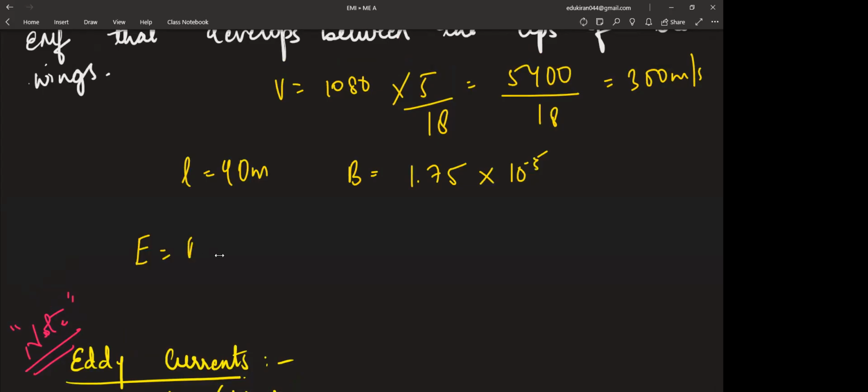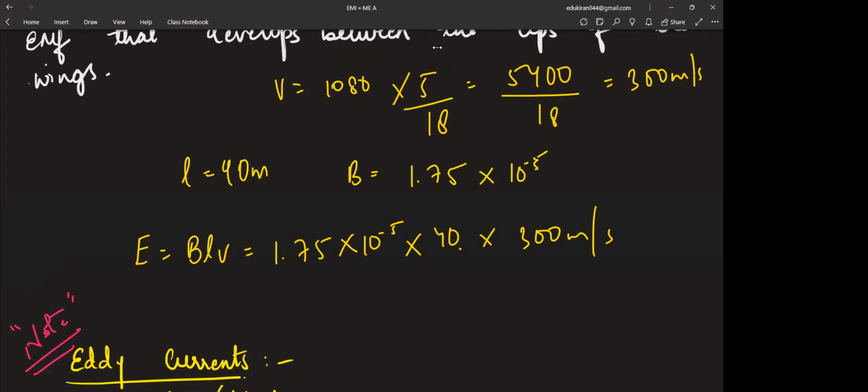Now EMF is BLV. So 1.75 into 10 to the power minus 5, length is 40, into velocity is 300 meter per second. Correct. Yeah, answer is right. 0.21 volts is the answer. Those who have not written, you can write.